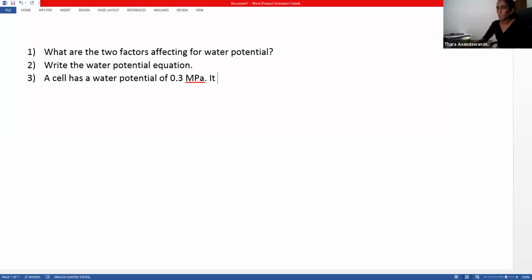It has a pressure potential of, this one has to be minus, 0.7 megapascals.